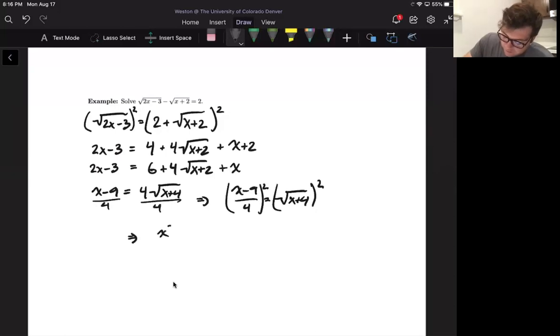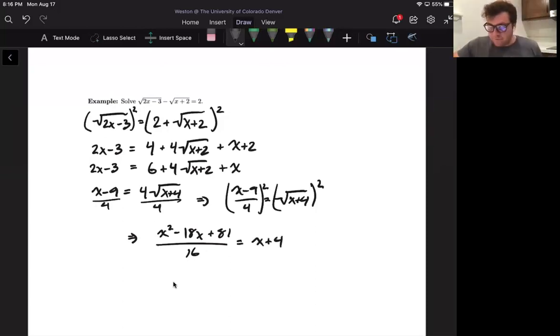That'll give us x squared minus 18x plus 81, all of that over 16 equals x plus 2. Which, yeah, we're looking at it and it doesn't look that fun to deal with, but I think it'll be okay.